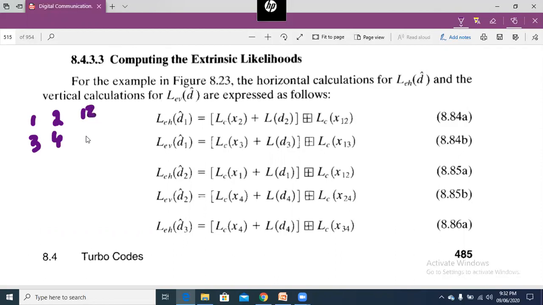Parity 1, 2, and parity 3, 4, right? So here we have parity 1, 3, and here we have parity 2, 4.